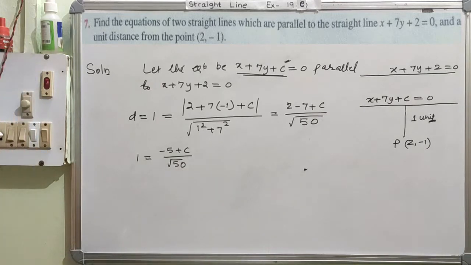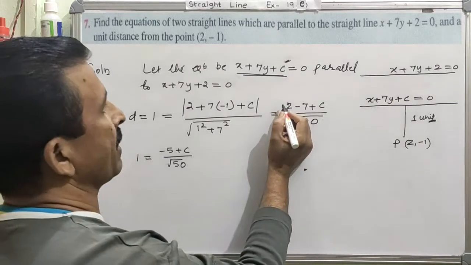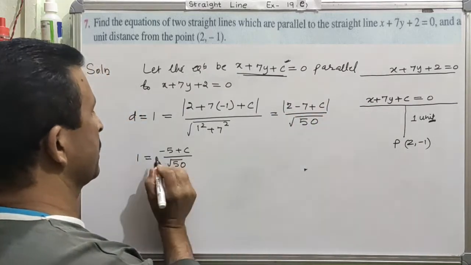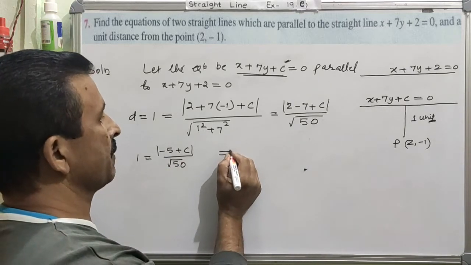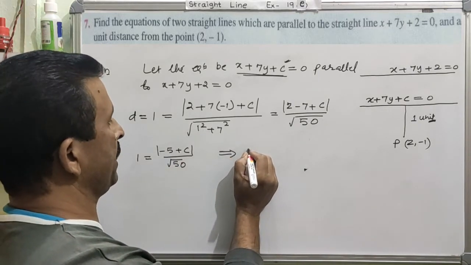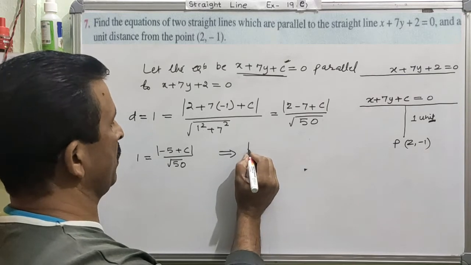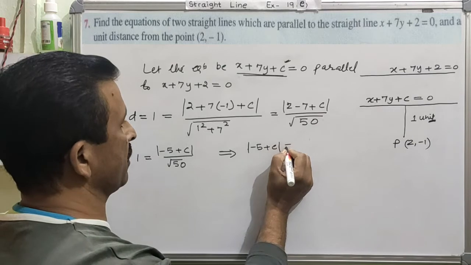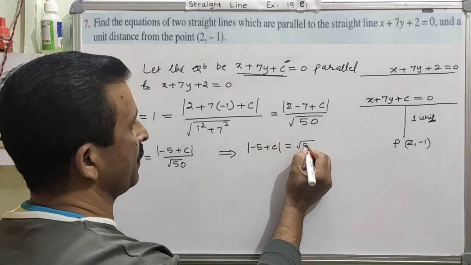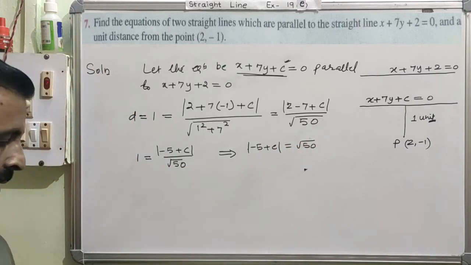Is it alright? Now we can calculate this. Oh, here we have the absolute value sign. I forgot. So we can continue. The absolute value of negative 5 plus c is equal to root over 50, because root 50 into 1 is root 50.